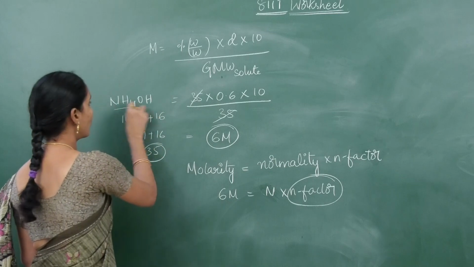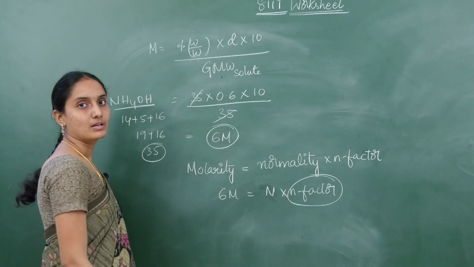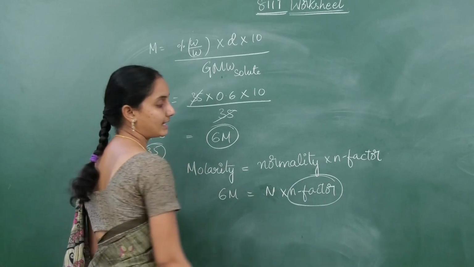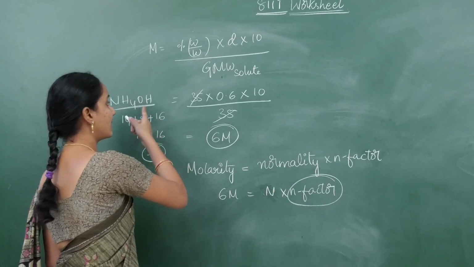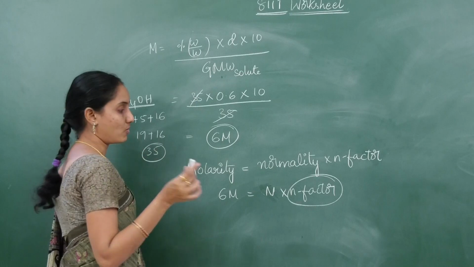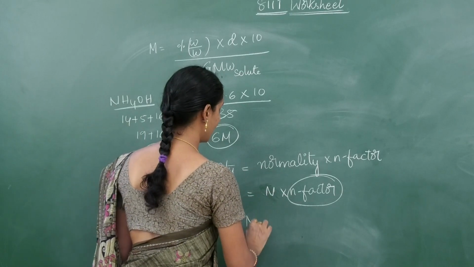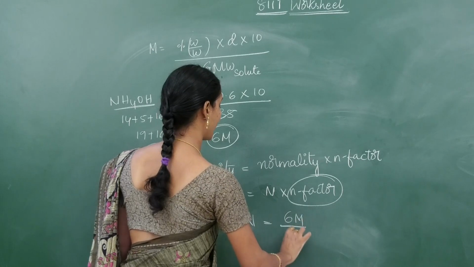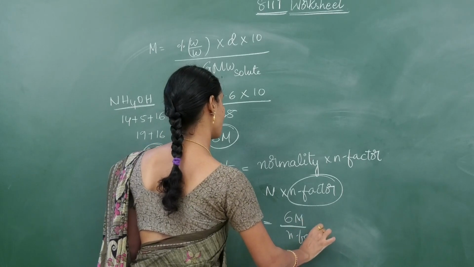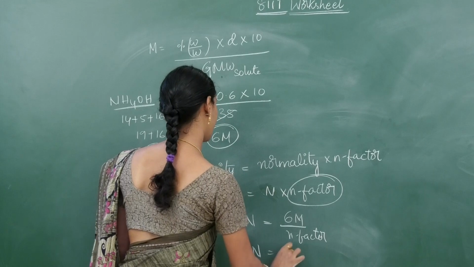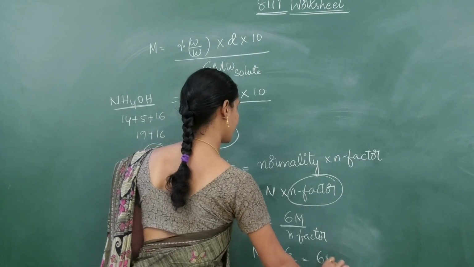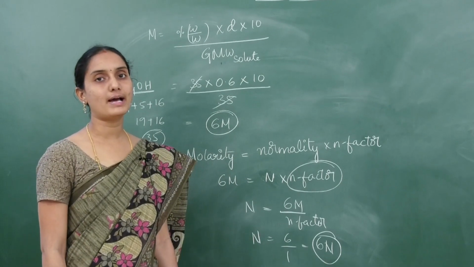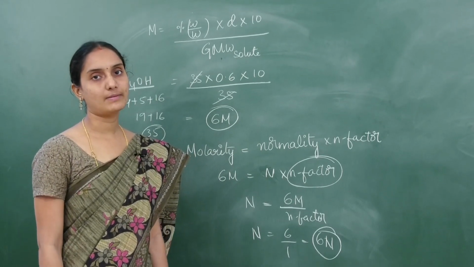NH4OH is a base. So for a base the n factor is the acidity value. How much OH can it give, children? 1 OH. So the n factor becomes 1. So normality is equal to 6 molar by n factor, 6 by 1, again it is 6 normal. If the n factor is 1, the molarity and normality values will be the same, children.